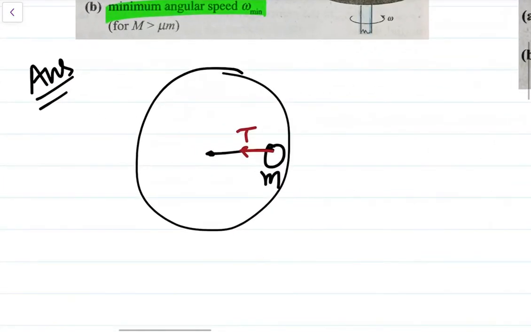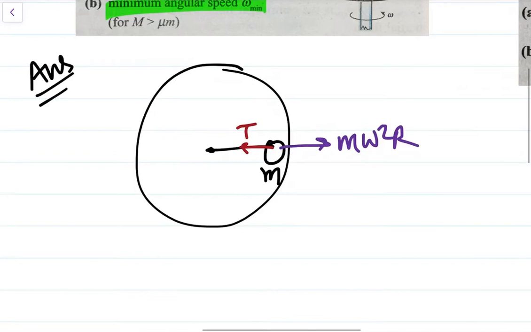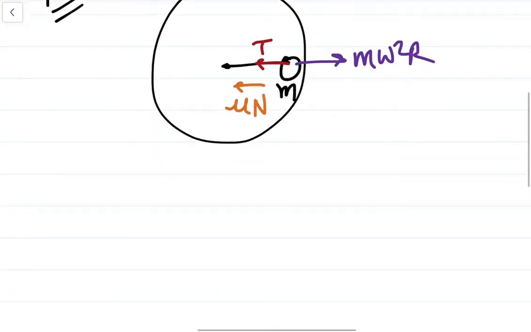So it will be m omega squared r, acting outwards. Now friction is also present, but the bead has a tendency to slide outwards because of this force, so friction will obviously act in the inward direction, mu into normal, and normal will balance mg.